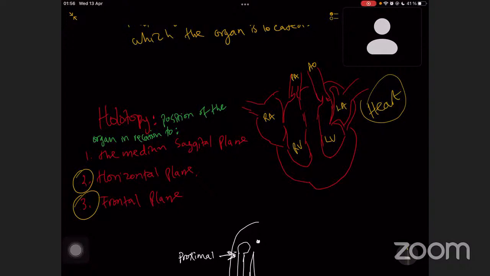The relationship of the organ along the frontal plane tells us whether the organ is near to the anterior surface of the body or to the posterior surface of the body. For example, if I draw this well, you have the chest cavity there, and then you have the diaphragm here, and then you have the abdominal cavity.